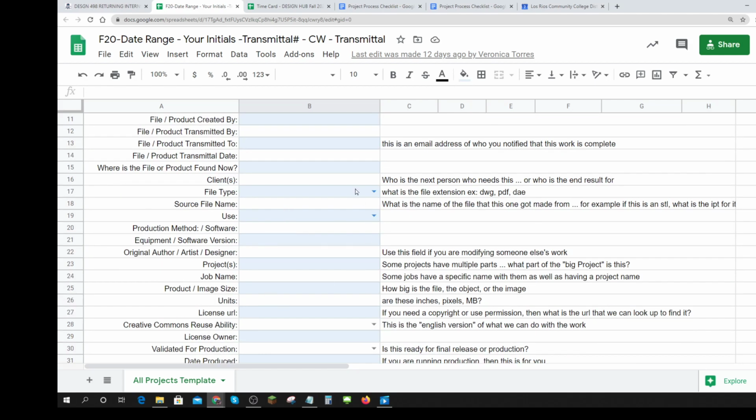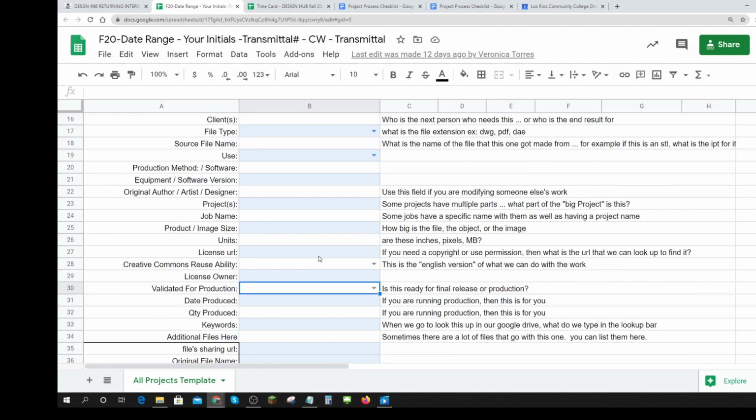Okay, so some of this, look at that. Is it validated for production? That means, has somebody checked it against the acceptance criteria? So some of this allows us to prove that we've actually closed the loop.